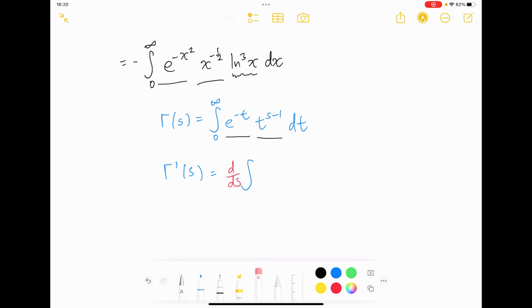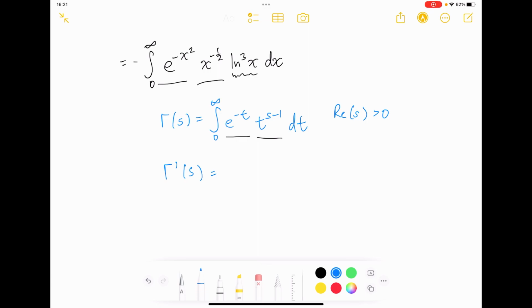Because this is defined for real s greater than 0, and the stuff less than 0 is like an analytic continuation. But yeah, we're going to have convergence, and we're allowed to switch it up.